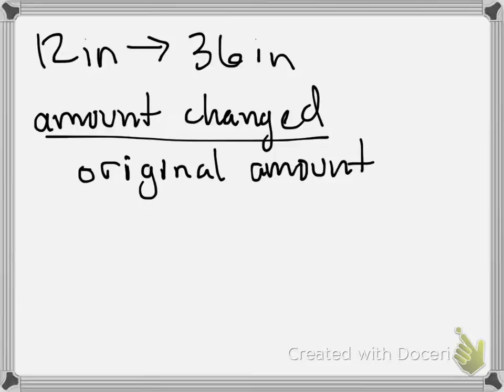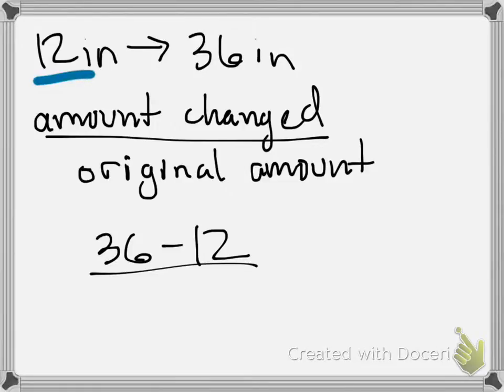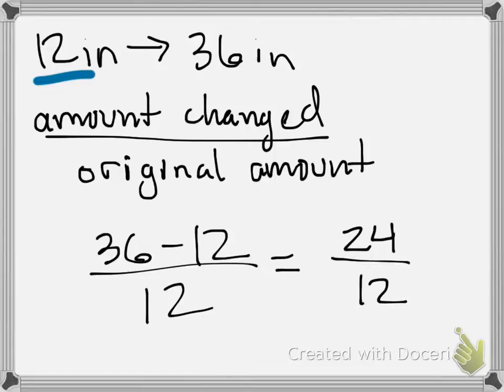So the amount changed, what we have to do is take that 36 and subtract the original amount, so 36 minus 12, and it's going to be over the original amount. The original amount is here. We started with 12, that's our original amount. So if we go 36 minus 12, we get 24. And then we just keep that denominator of 12.